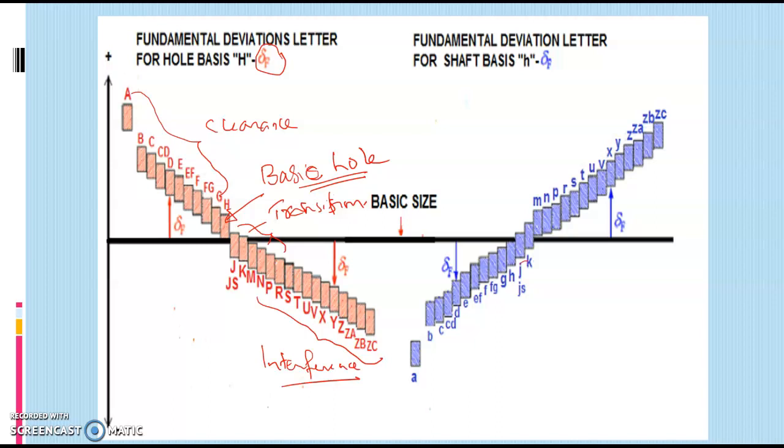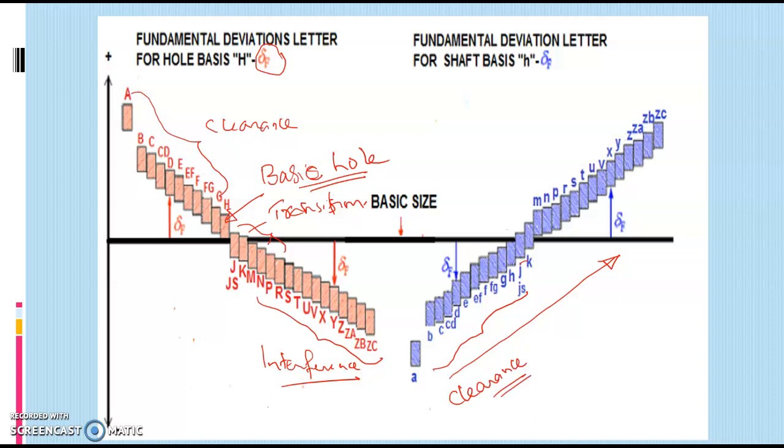Similarly, for shaft, all these letters are replaced with the small letters, and here we can see that this a to g are on the opposite side of the zero line for a shaft, and a to g is for getting clearance fit.